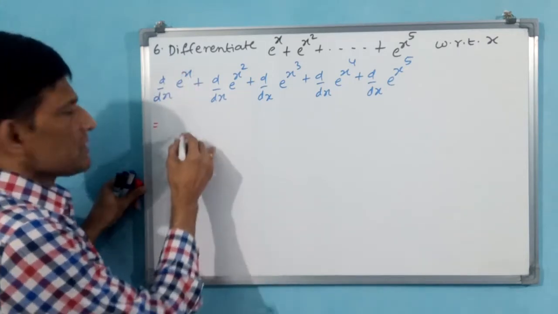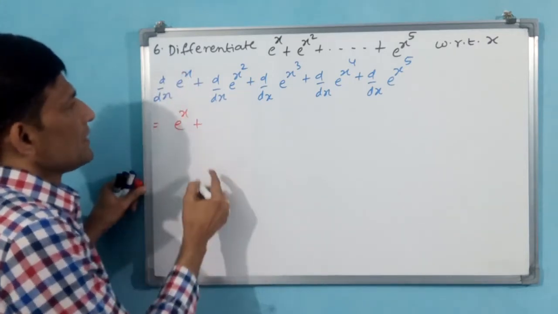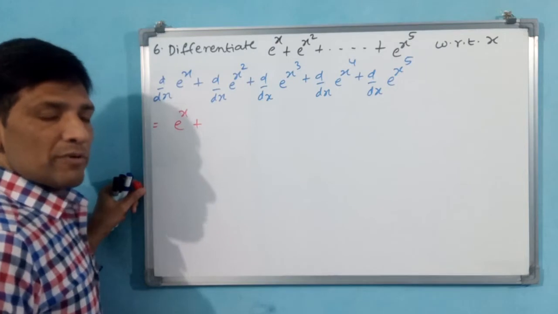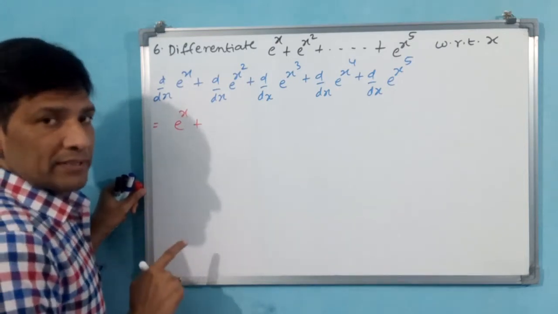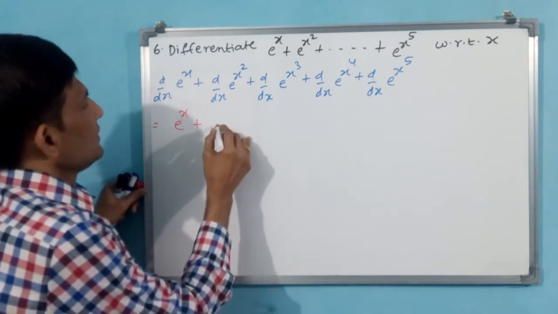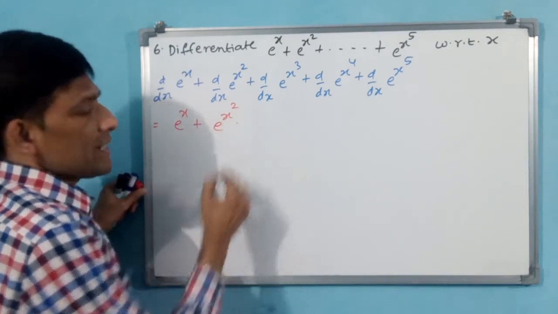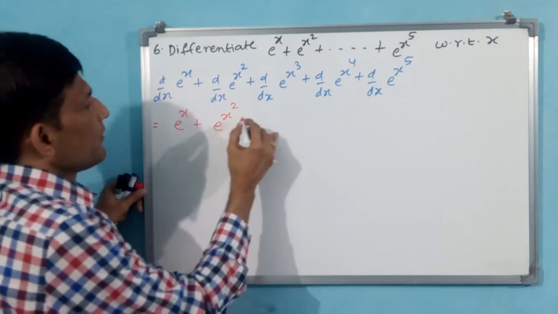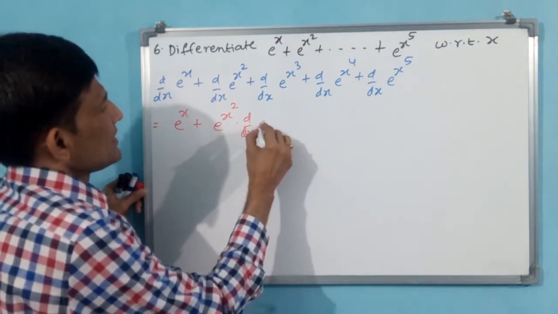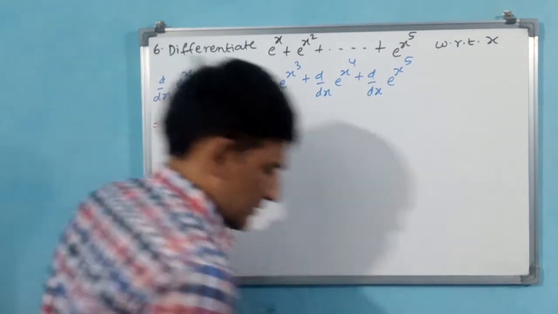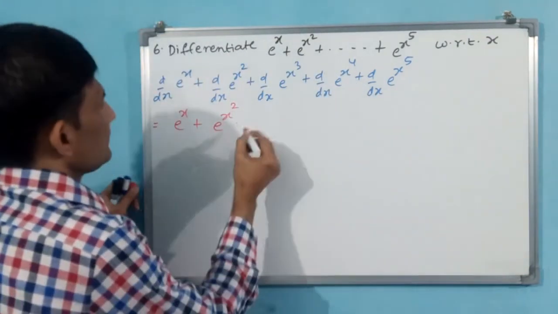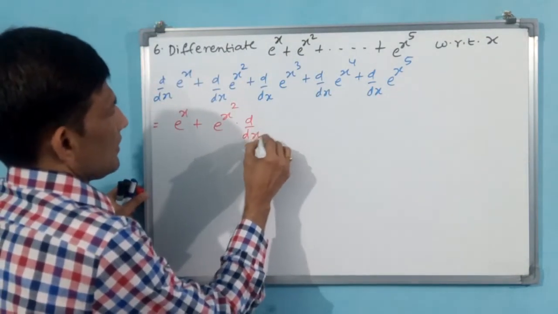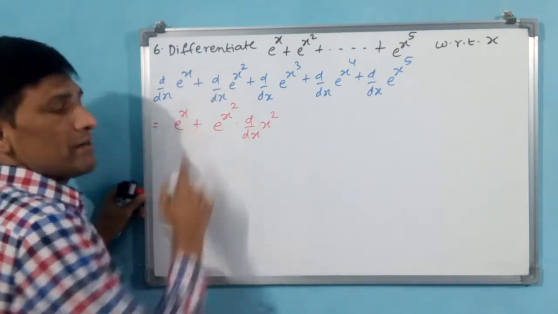d by dx of e power x is e power x only, plus d by dx of e power x square. What are you going to do? First of all, you take this as e power x. d by dx of e power x is e power x, again d by dx of x square. Is it okay?